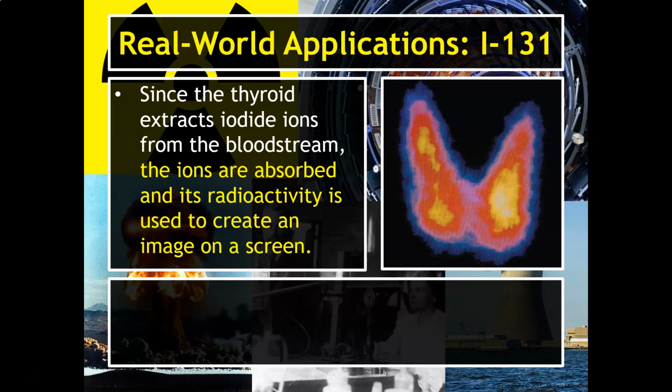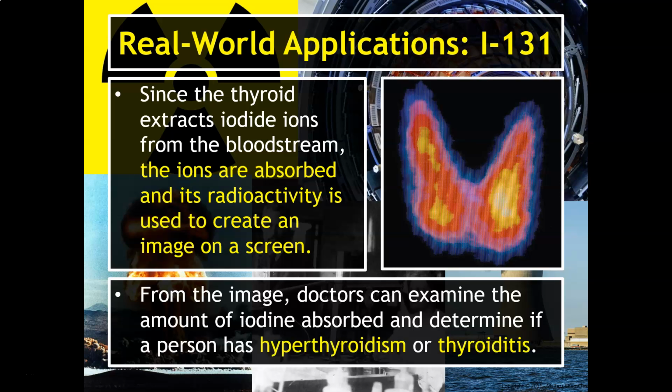Since the thyroid extracts iodine ions from the bloodstream, the ions are absorbed and its radioactivity is used to create an image on a screen. From the image, doctors can examine the amount of iodine absorbed and determine if the person has hypothyroidism or thyroiditis.